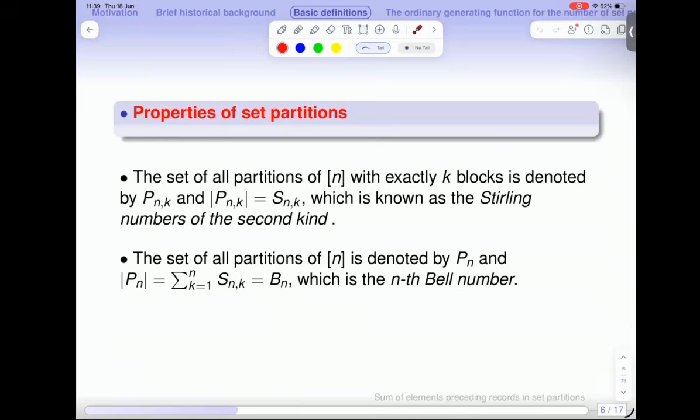Without fixing the number of blocks, the set of all partitions of the set [n] is denoted by P_n, and the size of this set is equal to B_n, which is the nth Bell number.